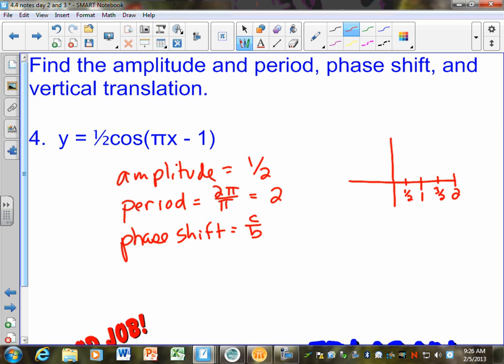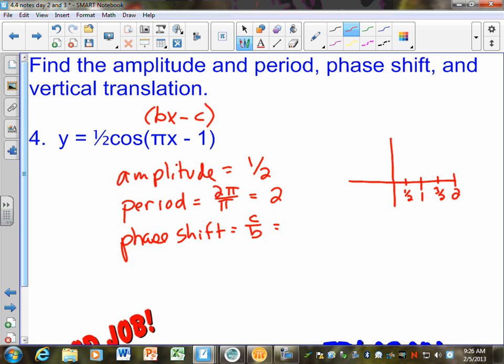And if you think about how we wrote this out, this was bx minus c, right? So be careful on this. What is c in this problem? 1, because it's the bx minus c, right? So you do the opposite. Think about when we do our translations, doesn't minus always mean it's going to the right?